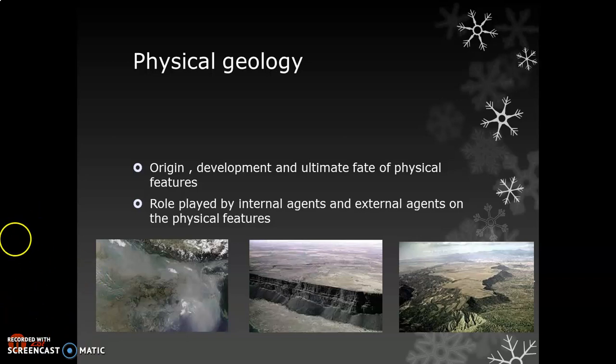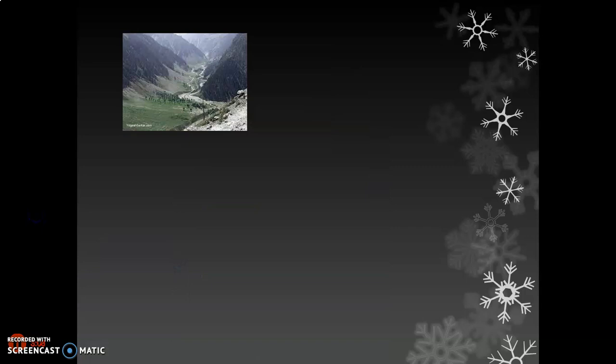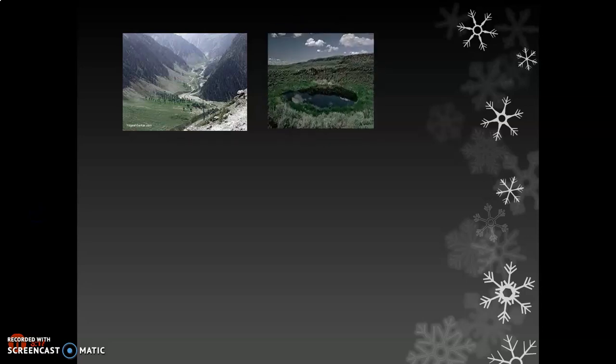Compared to plains, a plateau will be an elevated area. And this is a valley. A valley is a low-lying area surrounded by elevated area. This one is the basin. All these are the physical features on the surface of the Earth, some examples of the features on the surface of the Earth.